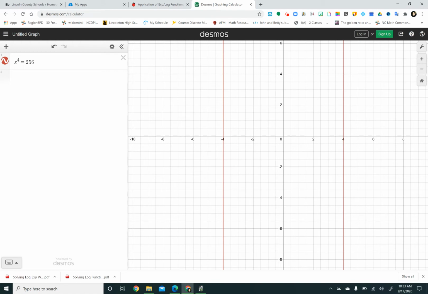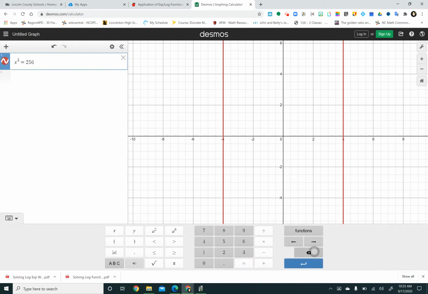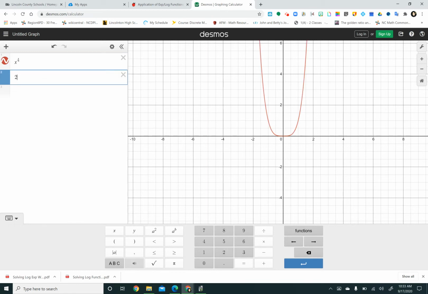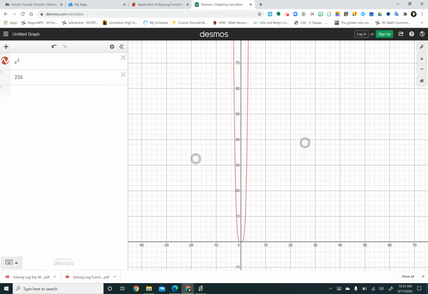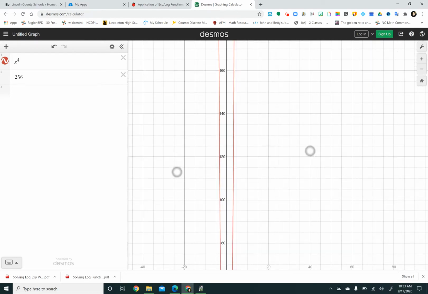So we could have done what we did in the calculator. We could have said x to the fourth, we could have put in 256, and we could have found those intersections. Let's do it the same way we would have done in our calculator here.